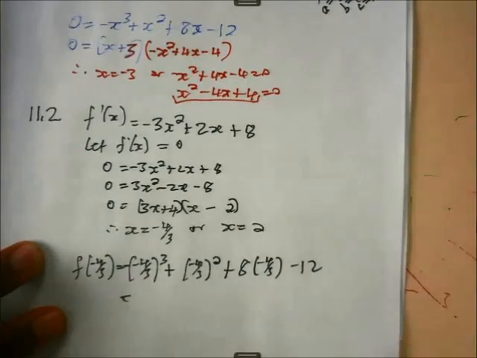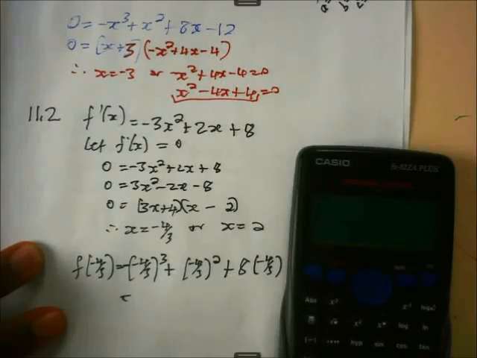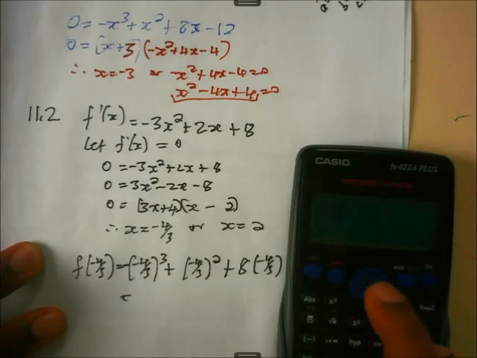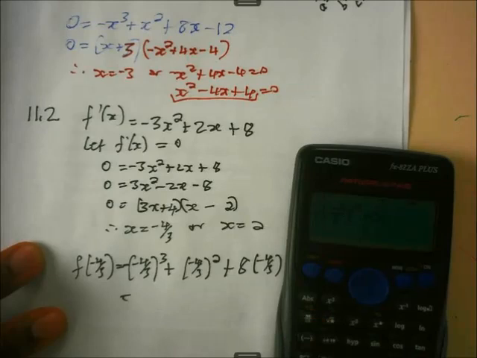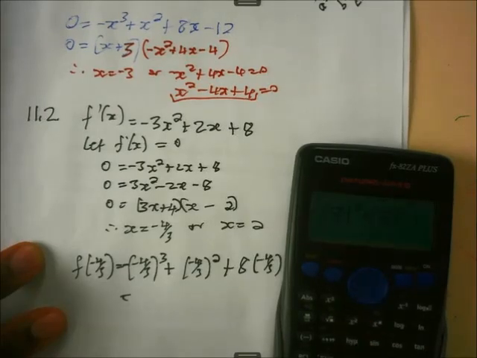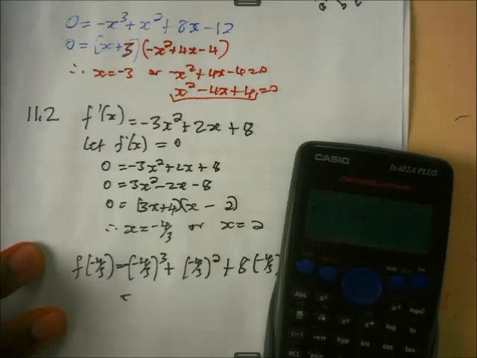Right, now, what is it that you're going to have on this one? That is minus (minus 4 over 3) to the power of 3, plus (minus 4 over 3) squared, plus 8 times (minus 4 over 3), then minus 12.